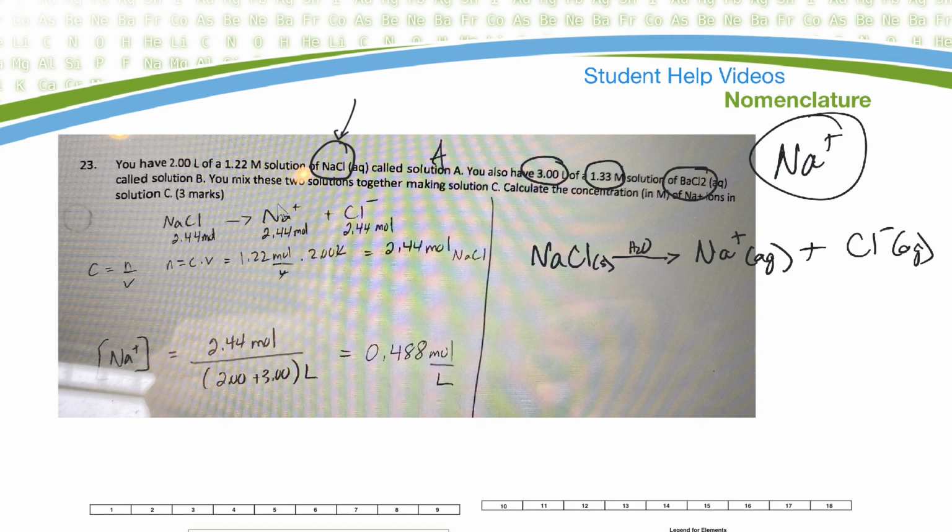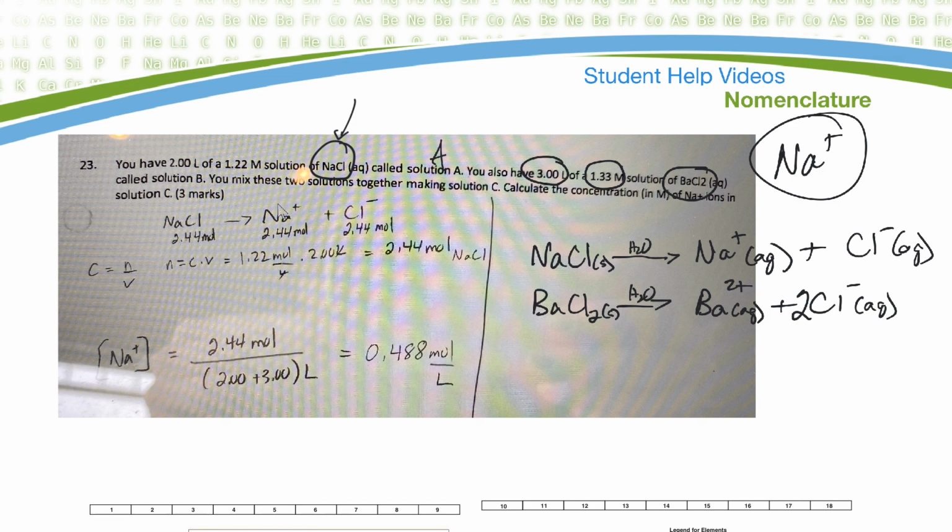And then in the next one I have barium chloride. Again, it's a solid, it dissociates in water, giving you barium ions and chloride ions. You may want to check that to make sure that it dissociates. I'm pretty confident that it does, but anyway, there would be a 2 here. These would both be aqueous.